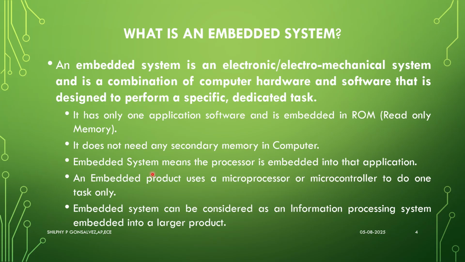An embedded system means the processor is embedded in that application itself. An embedded product uses a microprocessor or a microcontroller to do a specific task. And this embedded system can be considered as an information processing system which is embedded into a larger product.